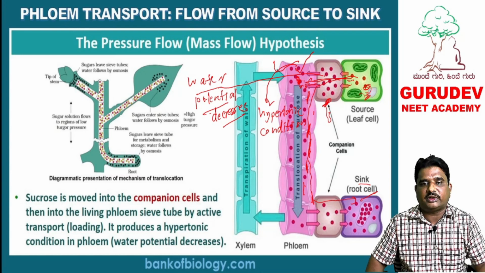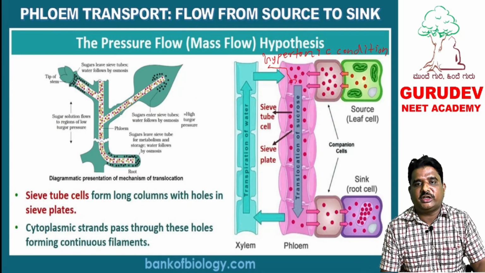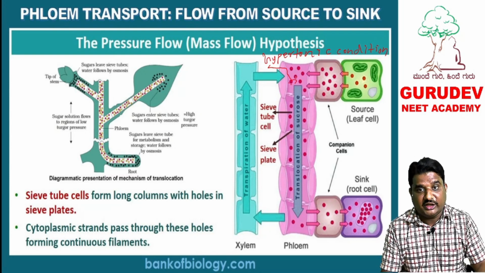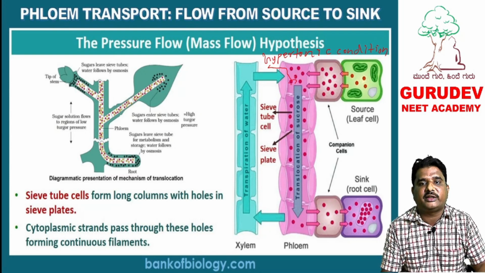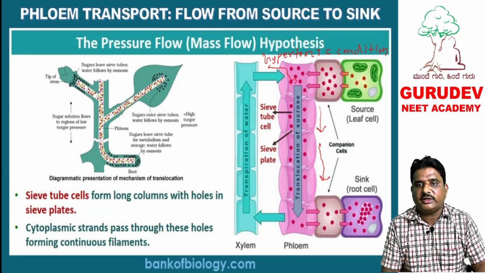So what is happening after that? Water potential decreases, solute potential increases. Remember, here at this point, the sieve tubes are connected to one another. These are the sieve tubes placed one above the other. And how are they connected? They are connected by sieve plates. These are called sieve plates, and sieve plates have small holes.